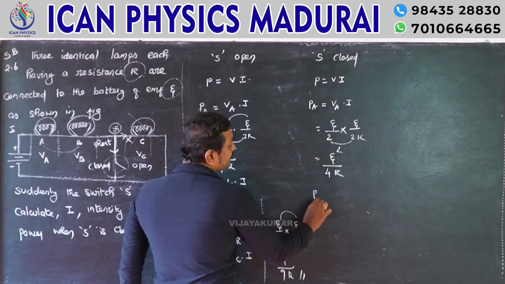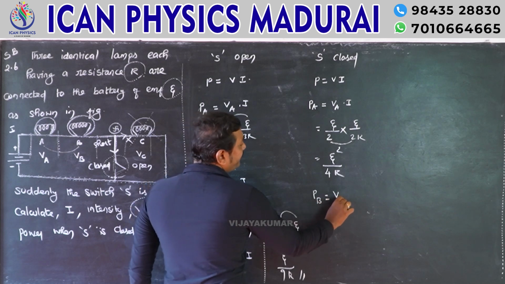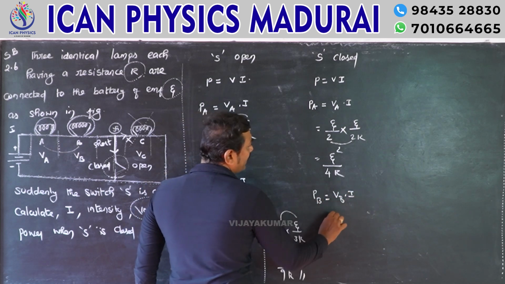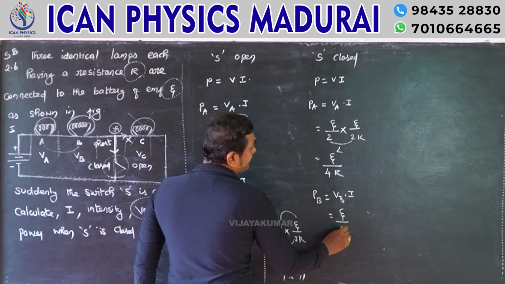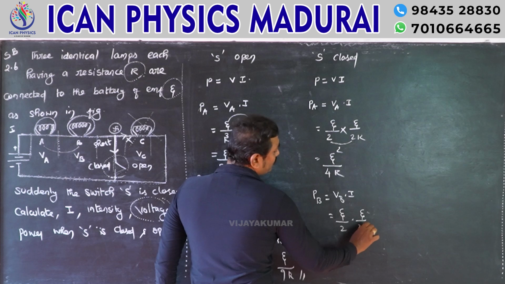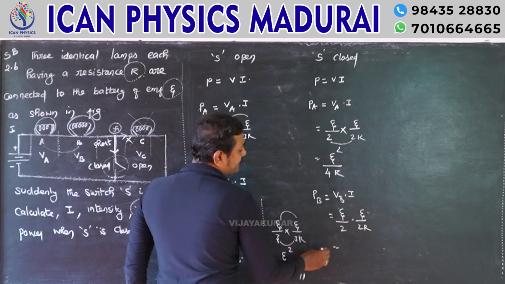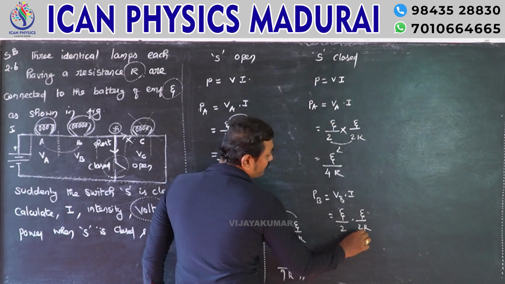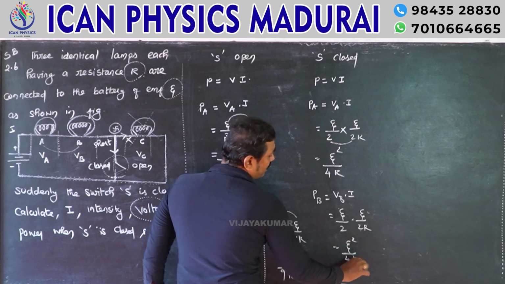Power across the second one is VB into I. VB is ψ/2 into I, ψ/2R, so ψ squared by 2 into 2, 4R.